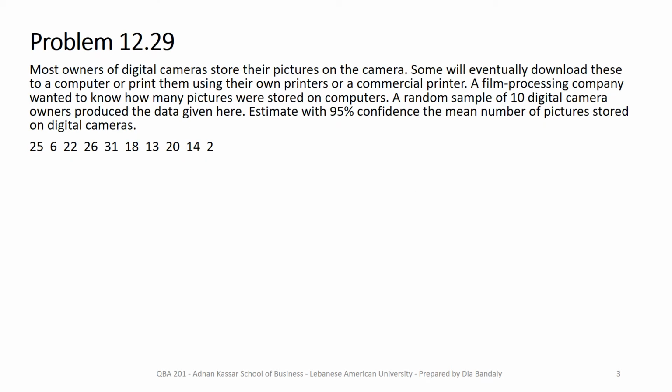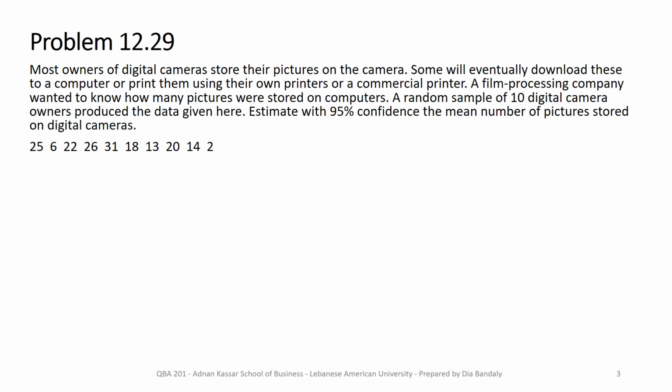All right, the last problem. This entails a case where we don't have the population standard deviation. So here we're talking about digital cameras, where it's about the number of pictures that are stored, or taken from the camera into your computer.